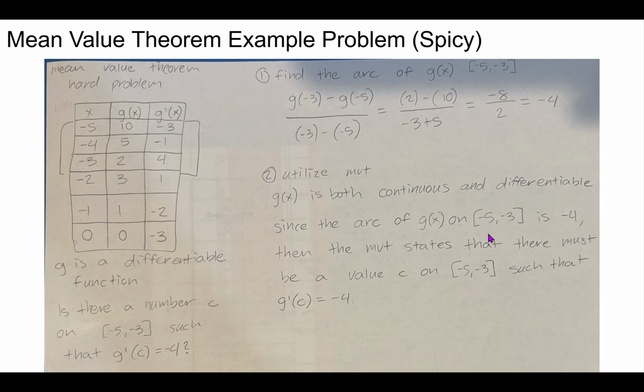Because the mean value theorem here allows us to confirm that there must exist this point, because it's asking us if there's a point that has this slope, which is actually the average rate of change on the interval. So since the mean value theorem states that there must exist this point, we can confirm it to be true. Thank you.